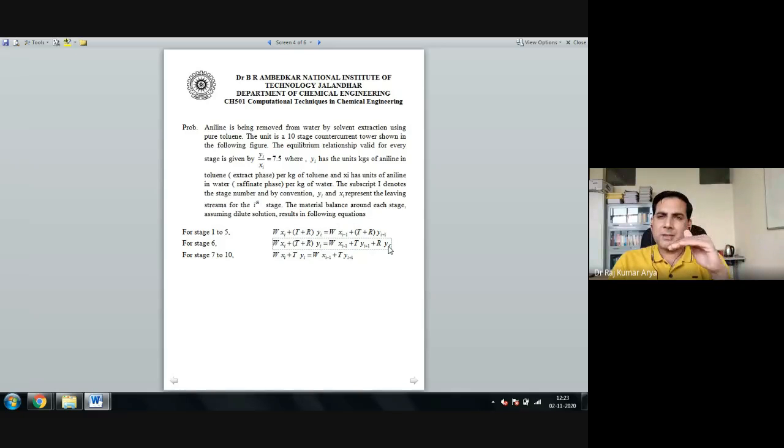Now after the sixth plate you do not have R, but everything else is there. From the sixth plate, whatever you added there is R, so just cut out the R. You are not feeding XF also. So you just make this R equal to 0 and then this term will automatically go away.